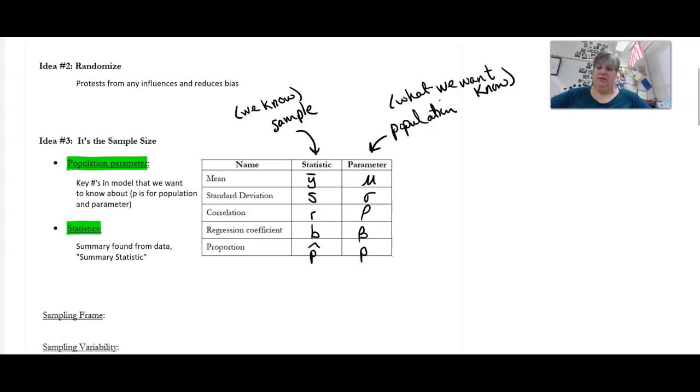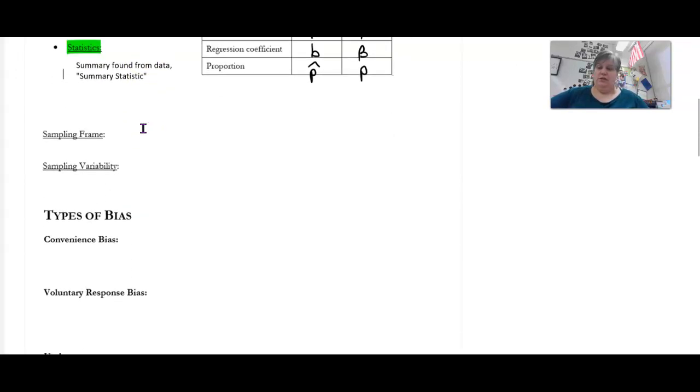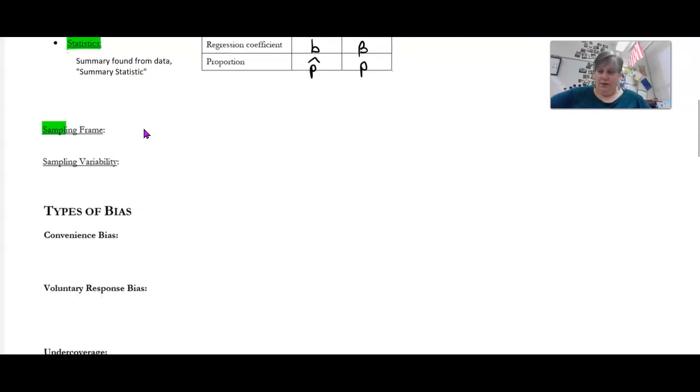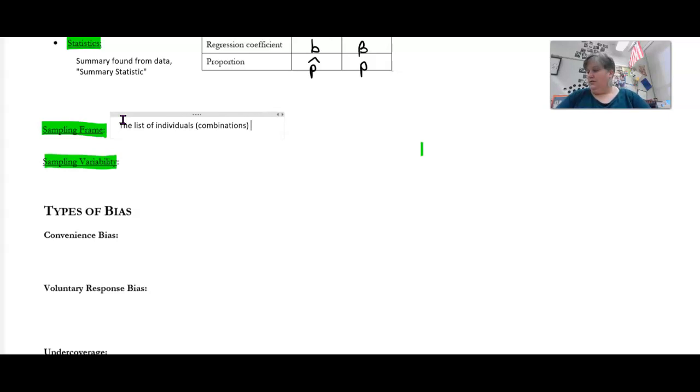Okay, so now looking at some more. Our next thing is our sampling frame. The sampling frame is the list of individuals, including all combinations, you take a sample from.